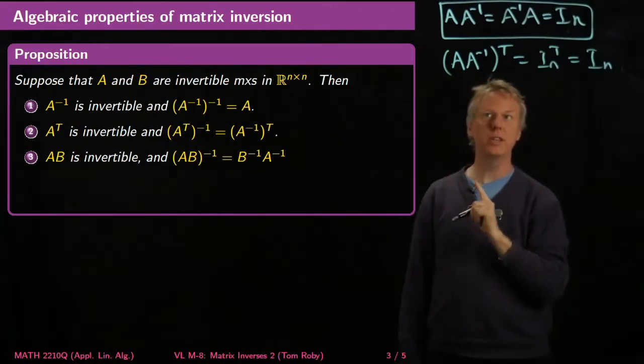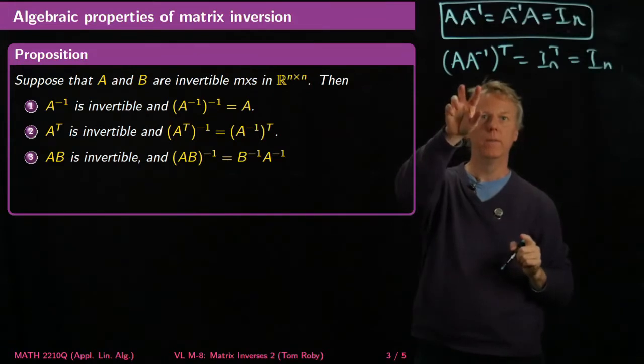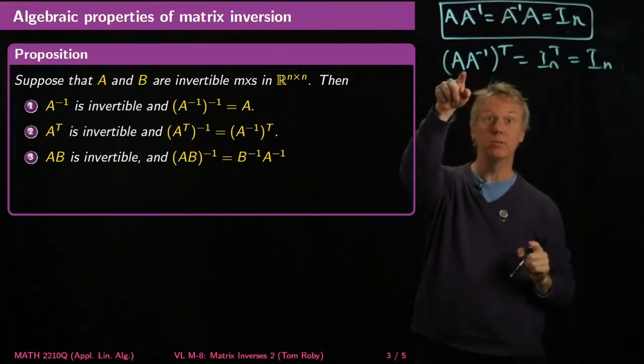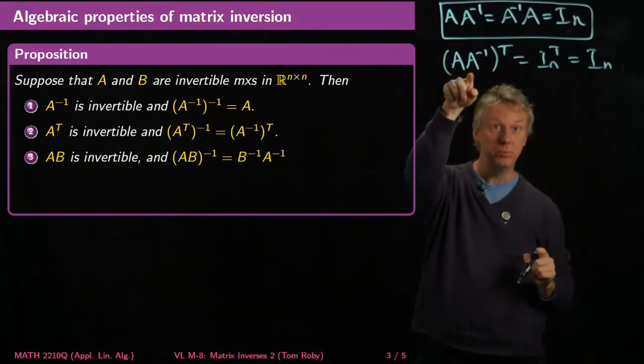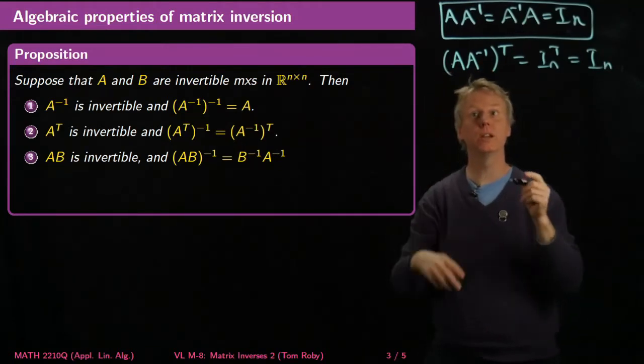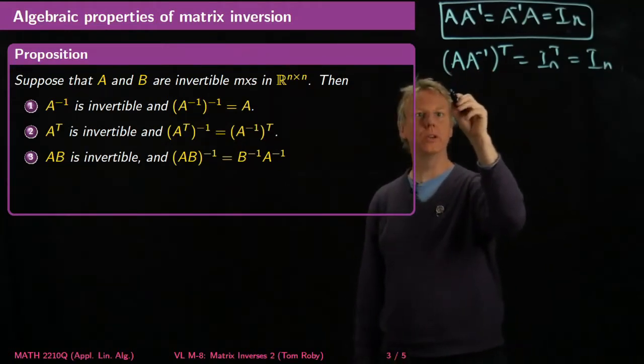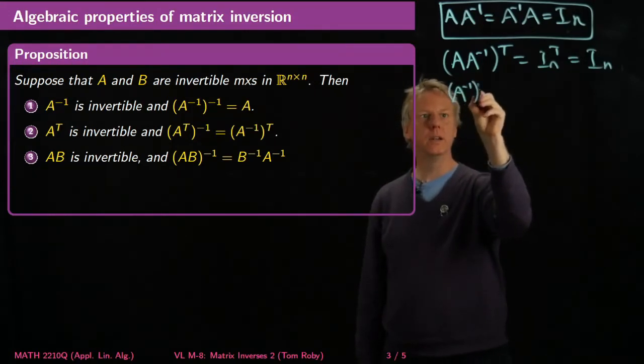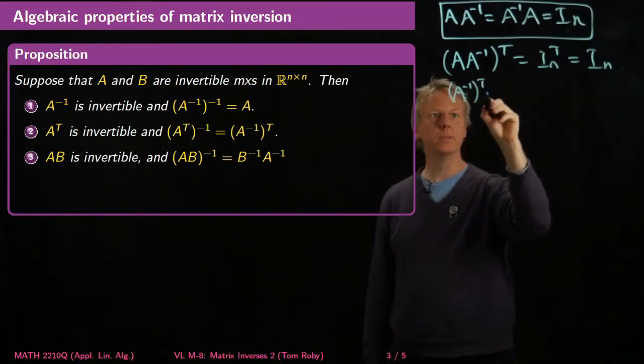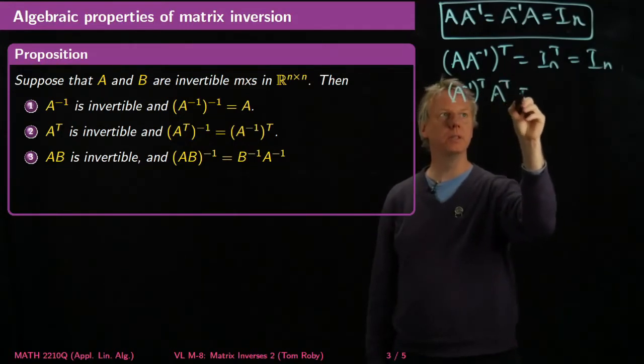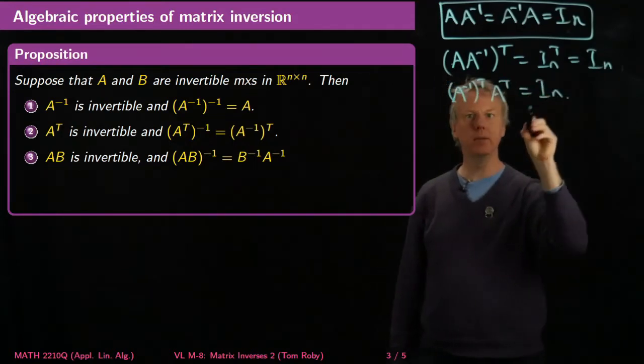AB transpose is not A transpose B transpose, it's B transpose A transpose. So we need to switch the order here and say, okay, then this is A inverse transpose times A transpose is equal to the identity matrix.